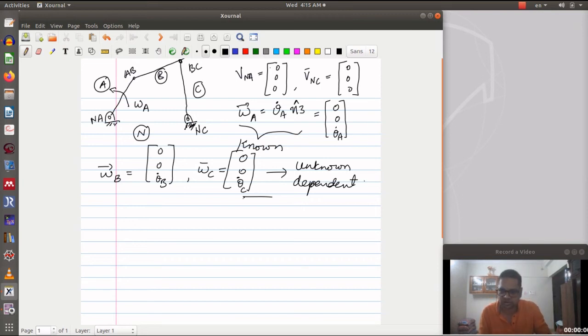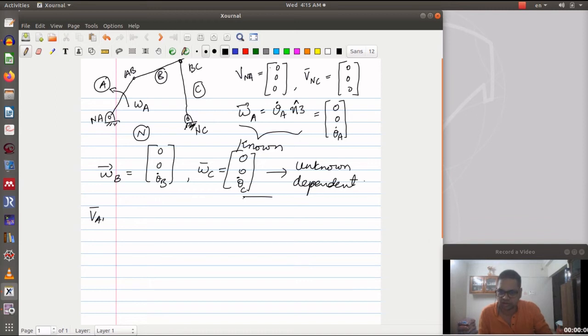Okay, so let us write the equation for velocity of point BC. Velocity of BC is nothing but velocity of AB plus omega. Okay, first let us determine velocity of AB and then we'll talk about velocity of BC.